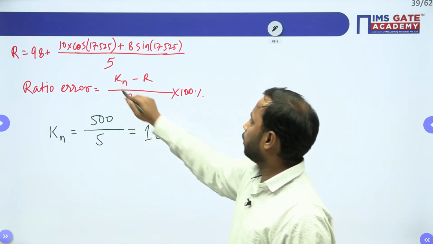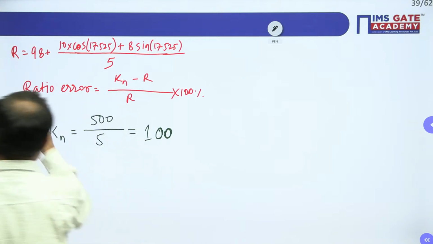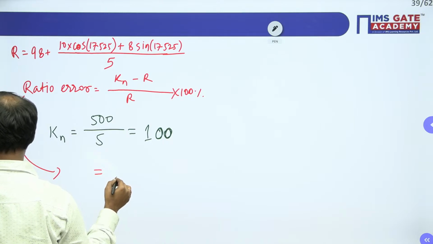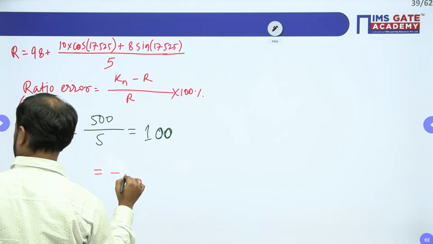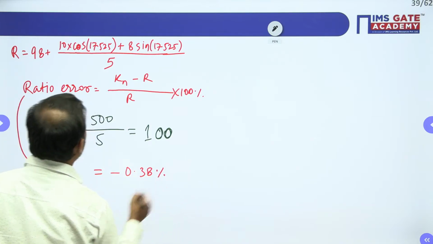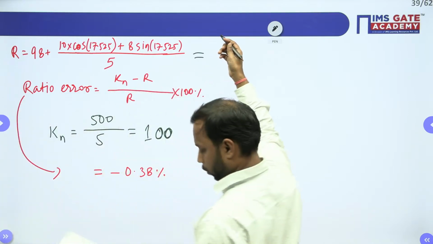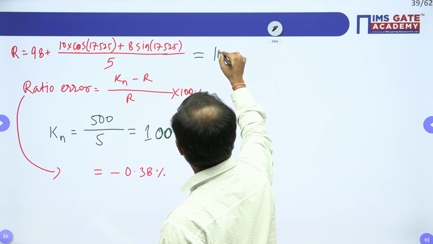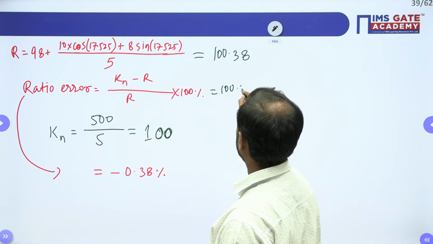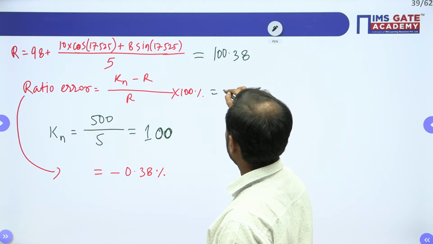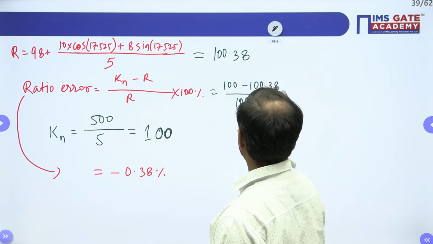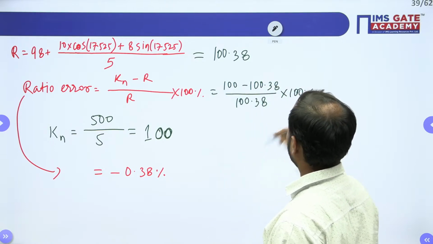So we have Kn, and we have R from here. On solving this, the ratio error will come as minus 0.38%. I have this value, 100.38, so it is (100 minus 100.38) divided by 100.38 into 100%, and you will get this answer.